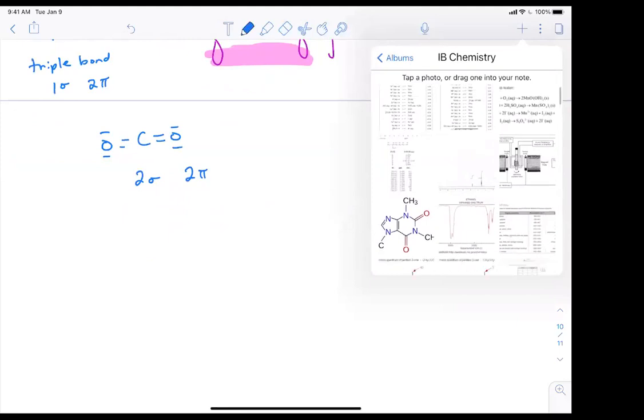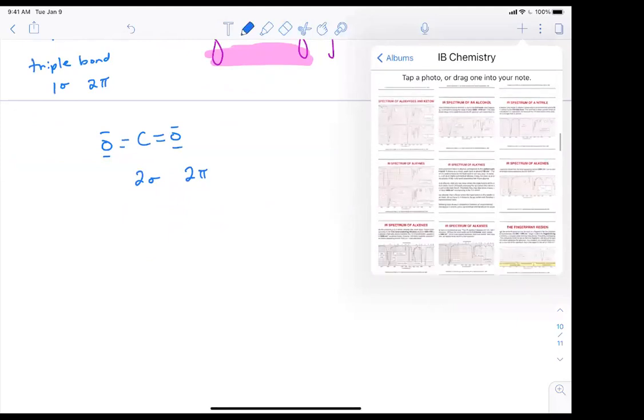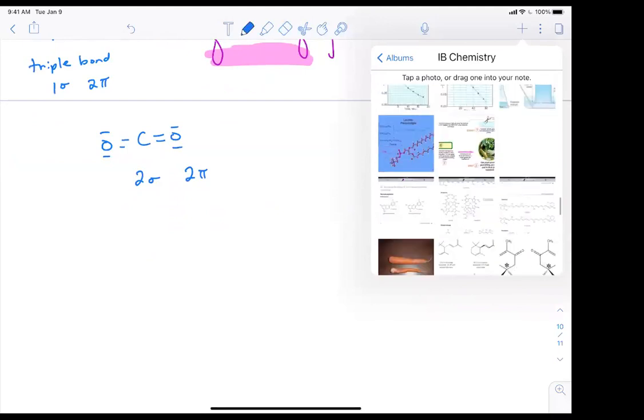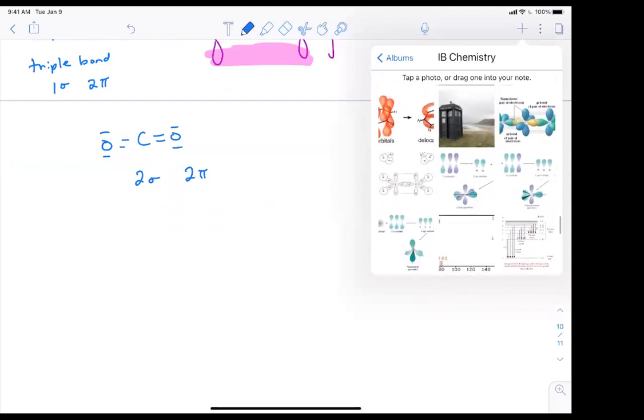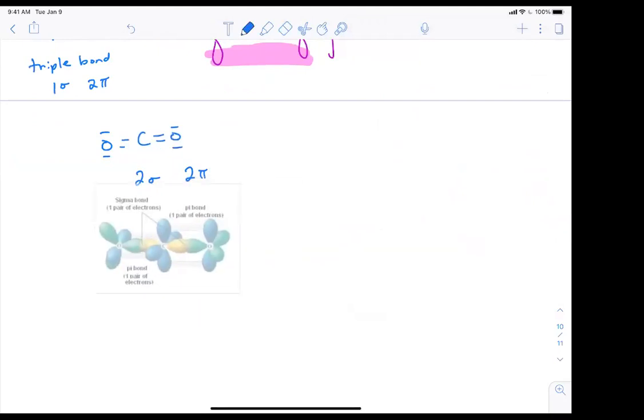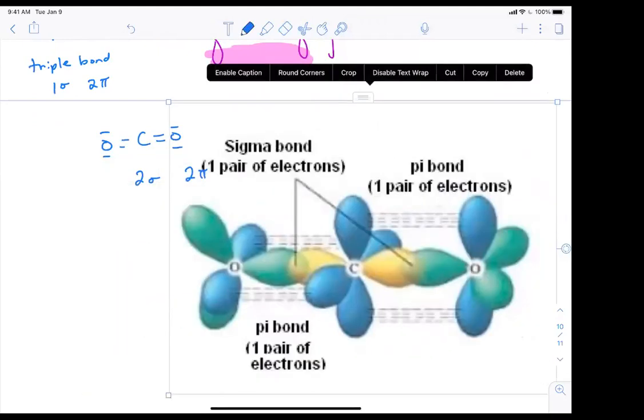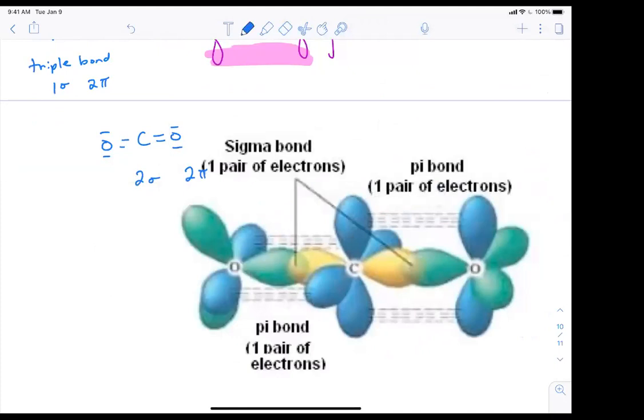And I have a good diagram of what CO2 looks like when you actually have your orbitals linked together. It looks like this.